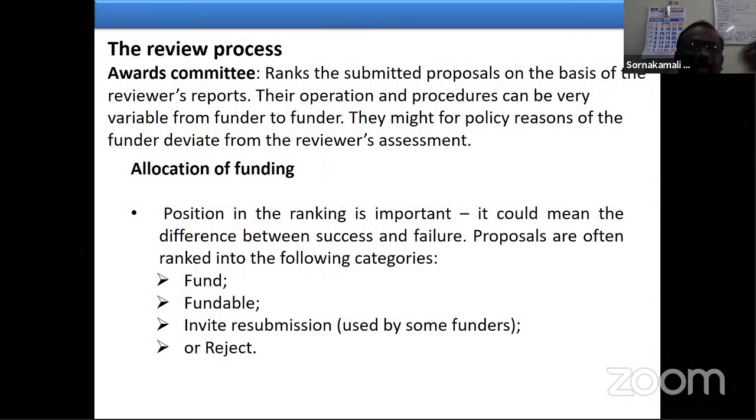Then the award committee, based on the review report, will allocate the rank. Sometimes the award committee may bypass the reviewer comments and fund some particular projects. Once projects get positive comments from the reviewers, the outcome can be of three kinds: fundable, invite resubmission, or reject the proposal.